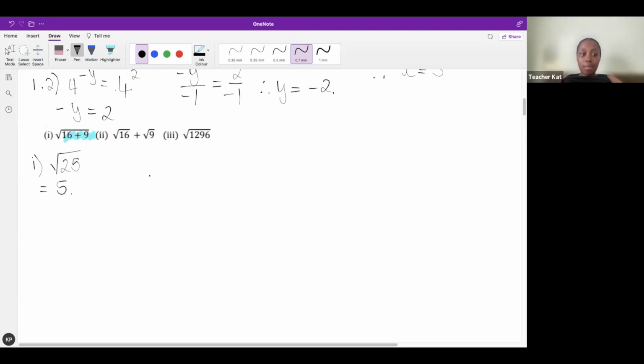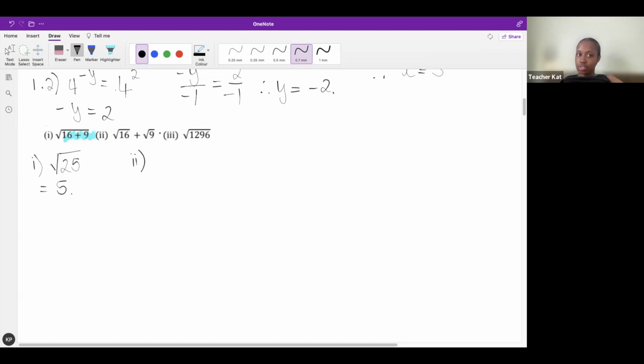Beautiful. That's number 1. When you look at number 2, this time we have split up my square root: the square root of 16 plus the square root of 9. So now, do we start with adding in this case? No, we definitely do not add it first.